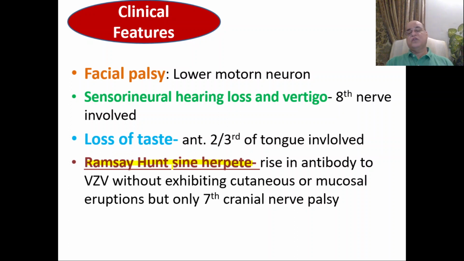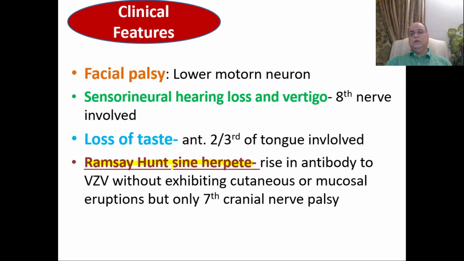So this is herpes zoster oticus, because still there is no facial nerve involvement. But once, along with all these features, there is facial nerve involvement, then we will label it as herpes zoster oticus plus facial nerve involvement equals Ramsay Hunt syndrome.